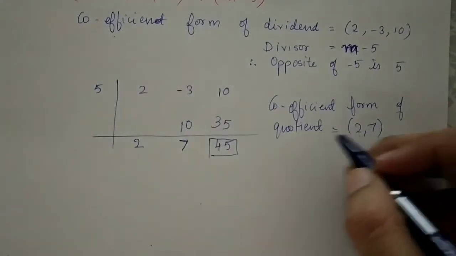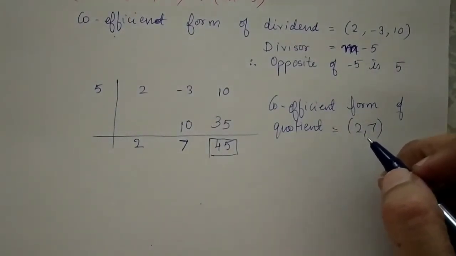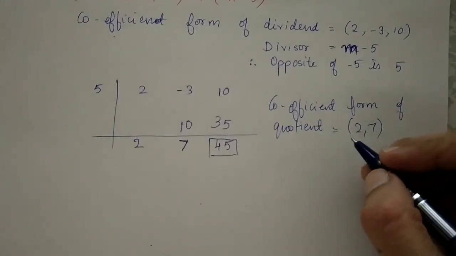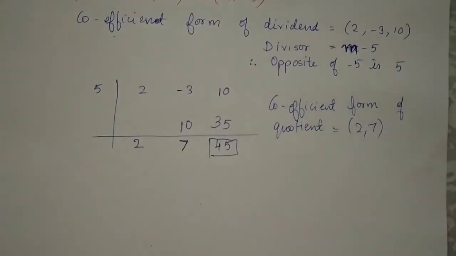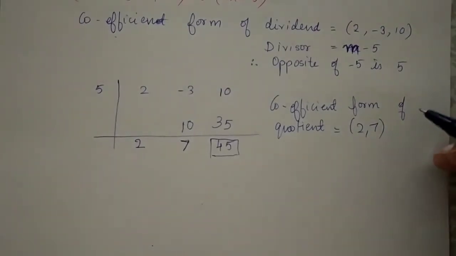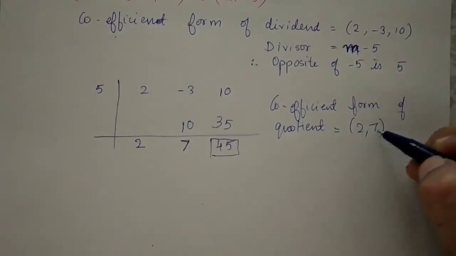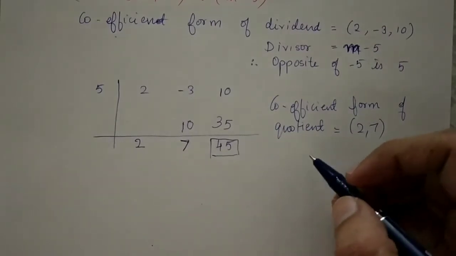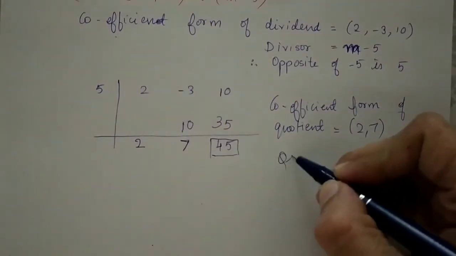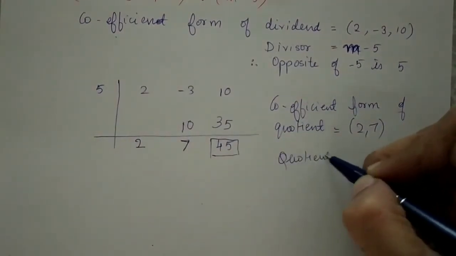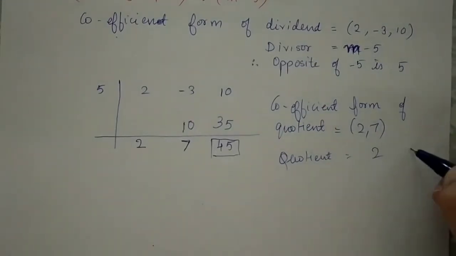So I will have to write this in the form of index form. How will we write? We have learned this in the previous exercise. If you remember, in the 3.1 exercise, if 2 and 7 are the coefficients, what will be my quotient? We write down 2 and 7.